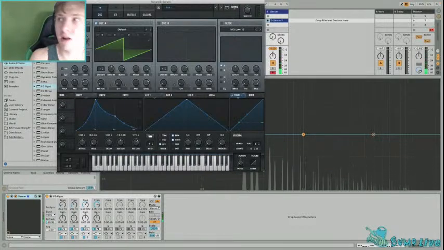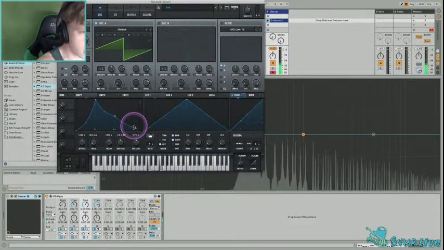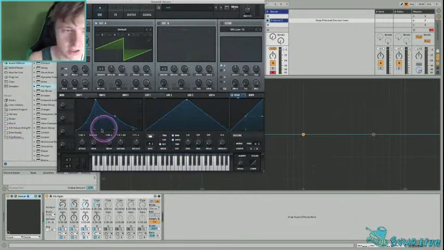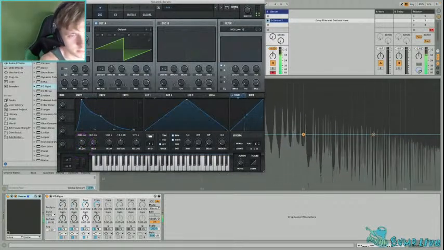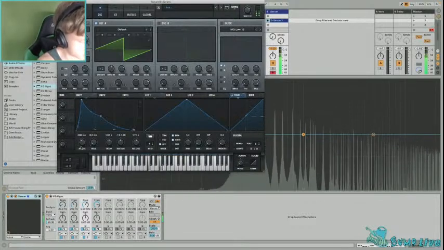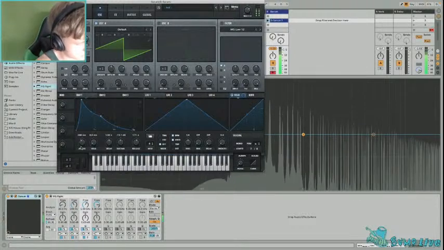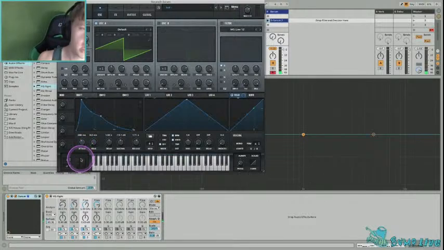Now notice that when I release before the attack finishes, it just skips straight over and never reaches that peak. That's because the attack is still triggering. We can turn that down. And so on and so forth.